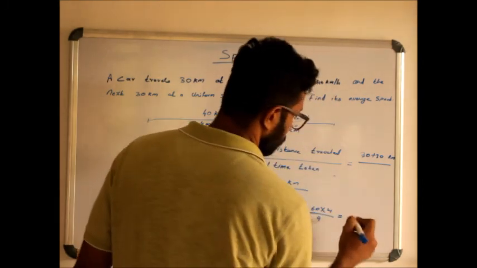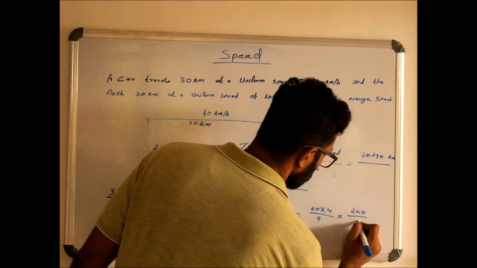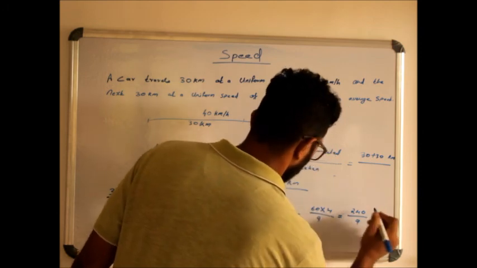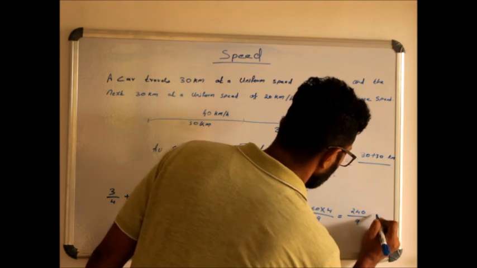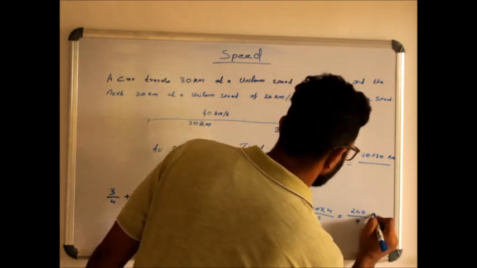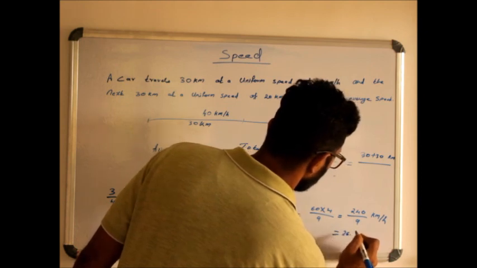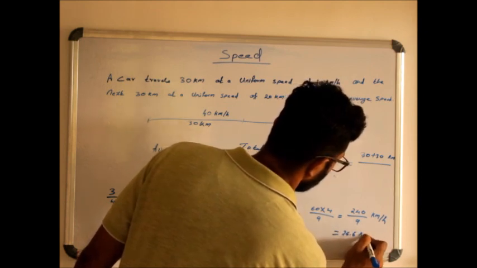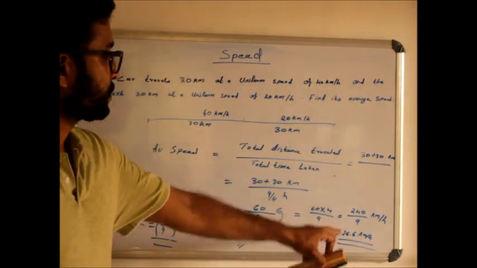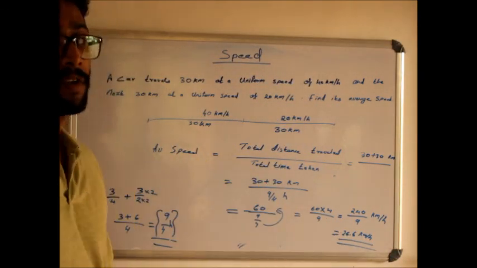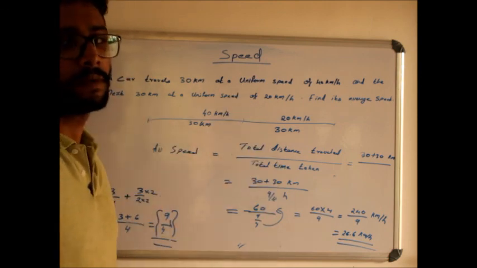So it's equal to 240 divided by 9, in kilometer per hour. It's equal to 26.6 kilometer per hour. So 26.6 kilometer per hour is the average speed of the car. Hope you understand.